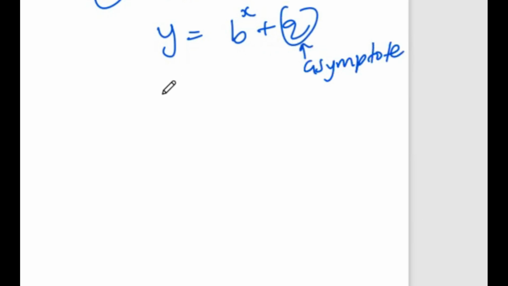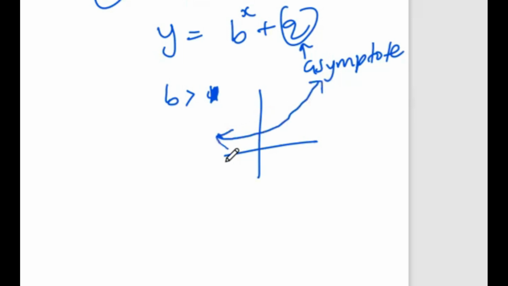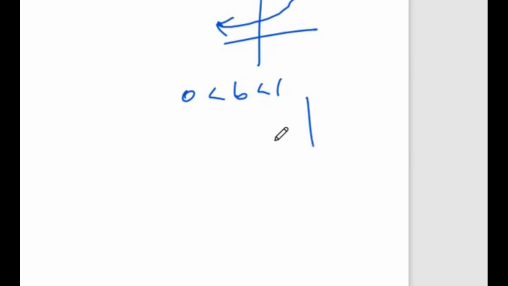Okay, then if your b is greater than 1, we expect this exponential to be increasing. That would be the shape. But if b is between 0 and 1, in other words, it's a fraction, we expect your exponential to be decreasing. Then number 4, we have what we call the hyperbola.